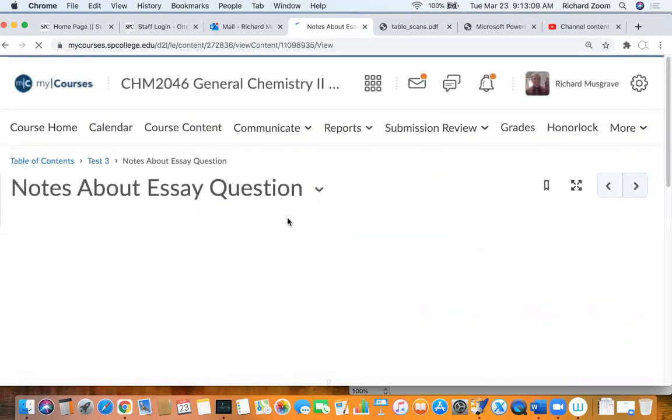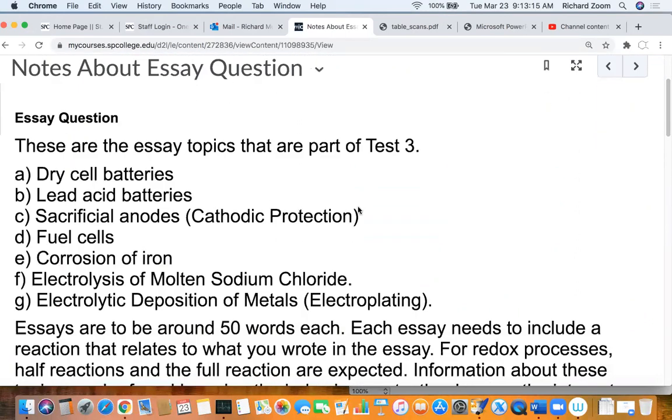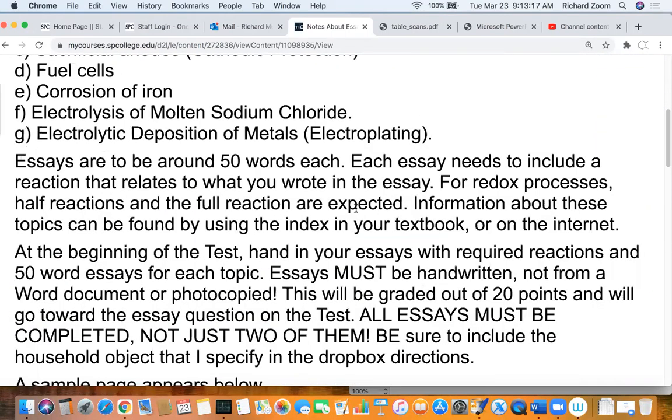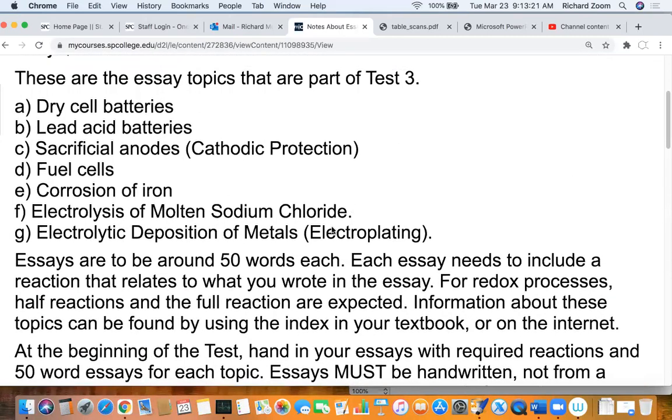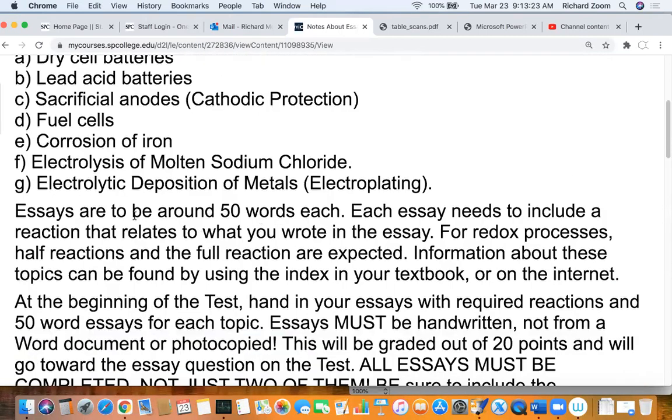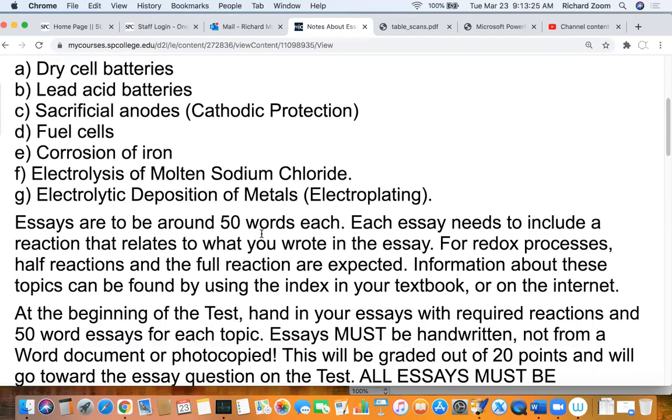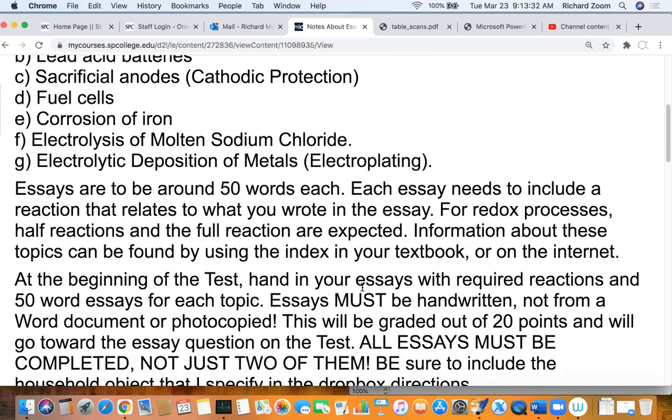So the notes about the essay question are in the test 3 folder. These are the topics. There's going to be seven topics, and they're all to be 50 words each. Each essay needs to include a reaction that relates to what you wrote for the essay.